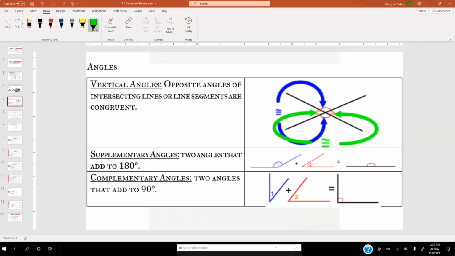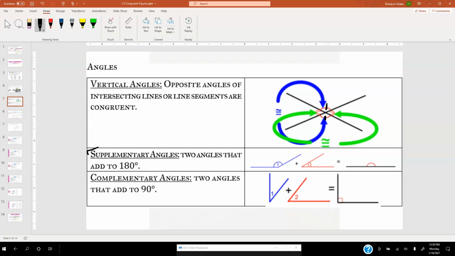Alright, so we're going to talk about a couple of things that you should have learned at least last year, maybe the year before. So vertical angles are opposite angles of intersecting lines. In other words, this side and this side, those are vertical angles. They kind of make a V with each other, a V and an upside down V. Vertical angles are congruent. Then supplementary angles are any two angles that add to a straight line.